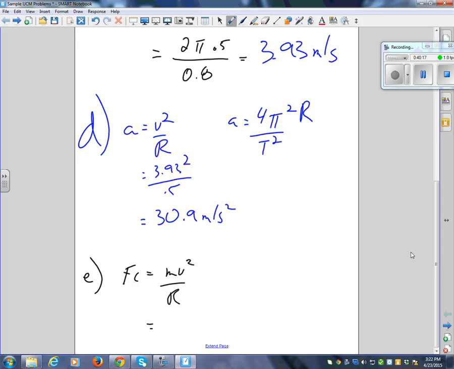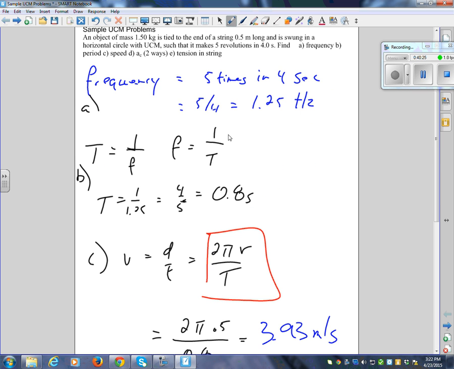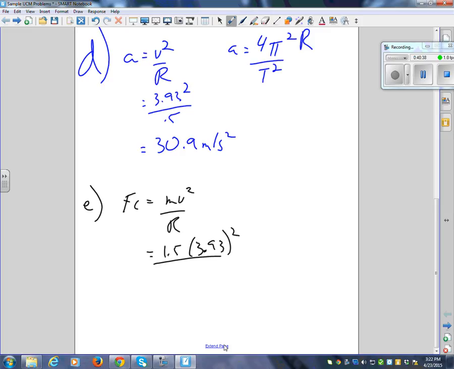The mass was 1.5, so it's going to be 1.5 times 3.93 squared, and the radius was 0.5, I think. That's 46.3-ish, 46.3 newtons.